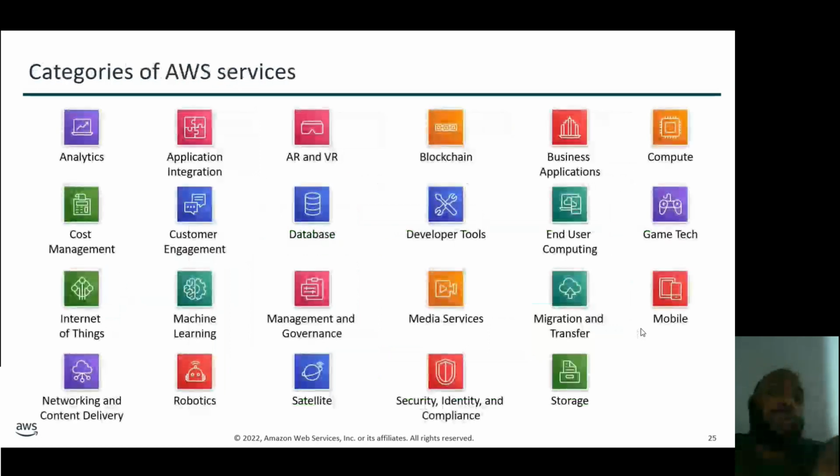Because here we talked about in the previous slide the different categories that the different services fall under. And now all of those different services, we want to take them like small Lego pieces and put them together to create some solution.